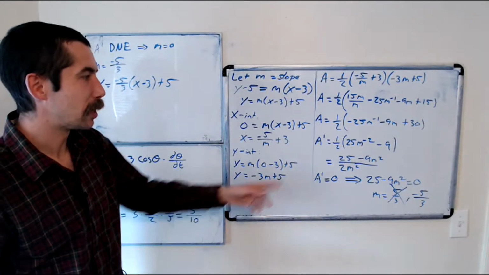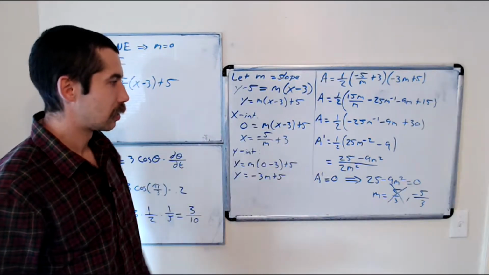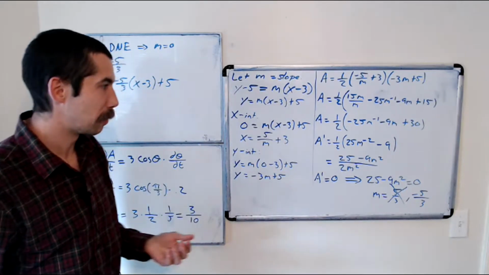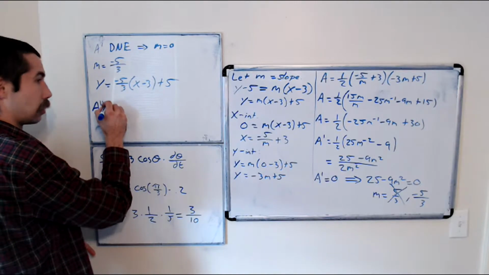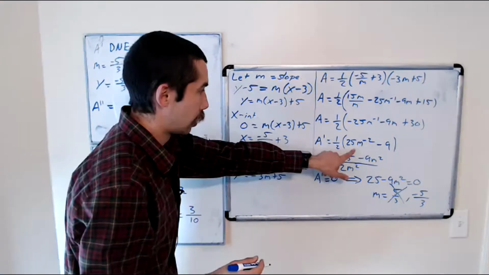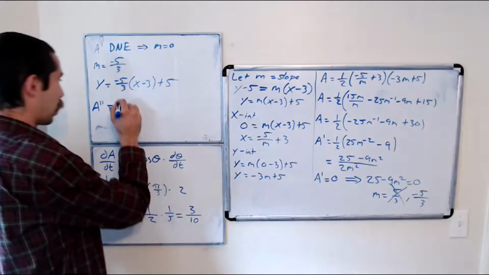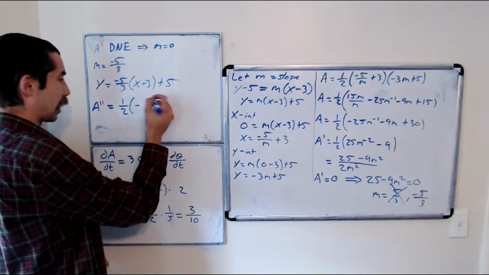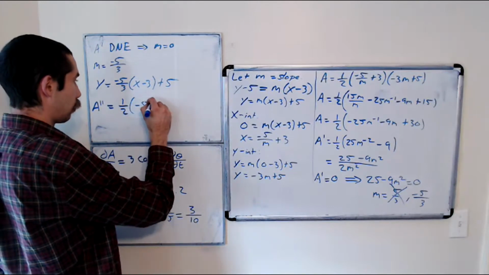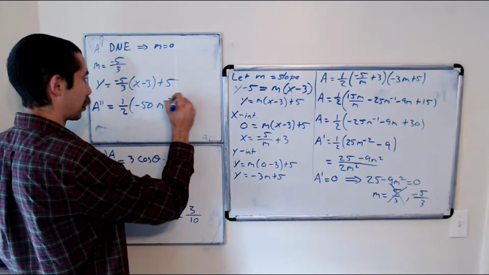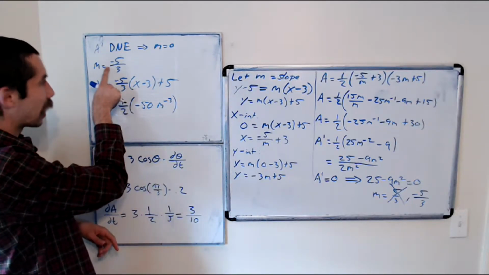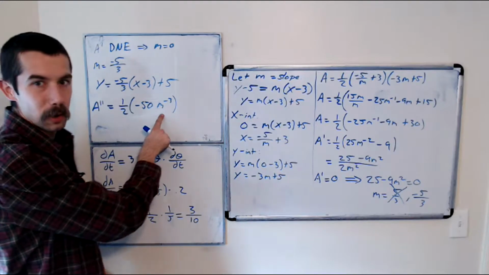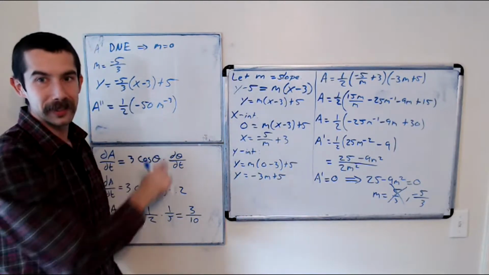Yeah, sure. So if we took the second derivative of this to check that it truly is a minimum, so let's just check that, a double prime. So a double prime is going to be 1/2 of -50 m to the -3. Okay, and if we plugged in m equals -5/3, we would get a positive number.